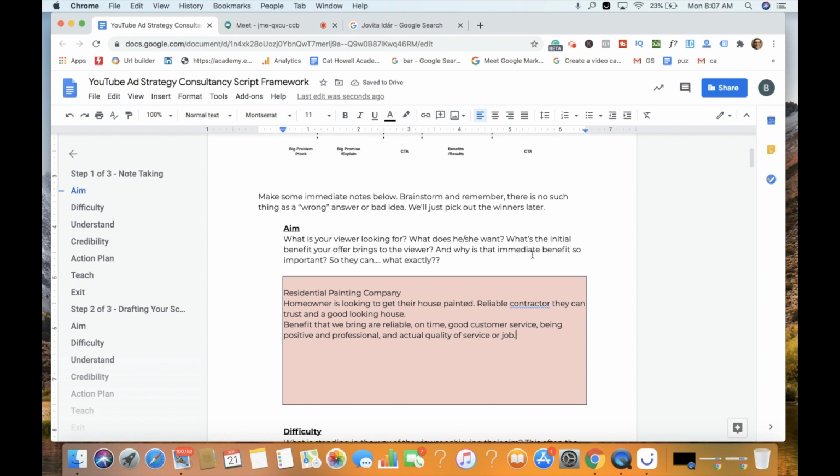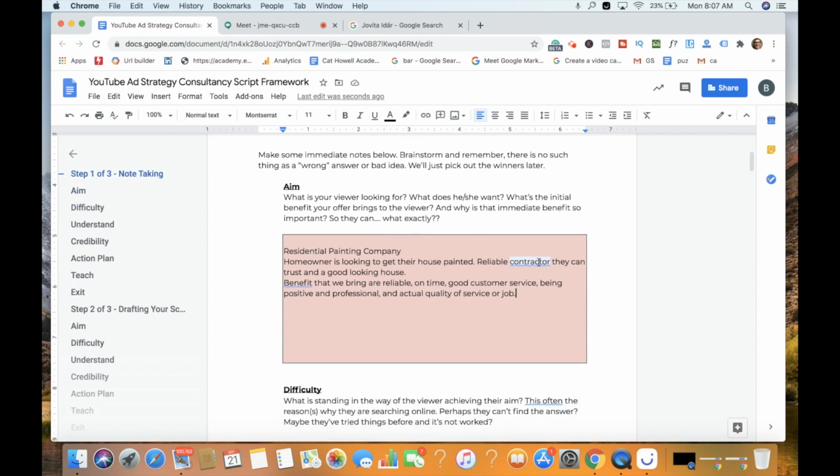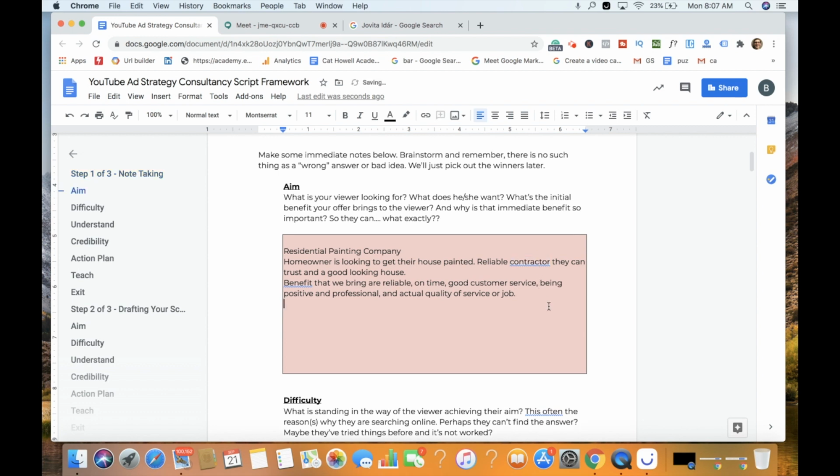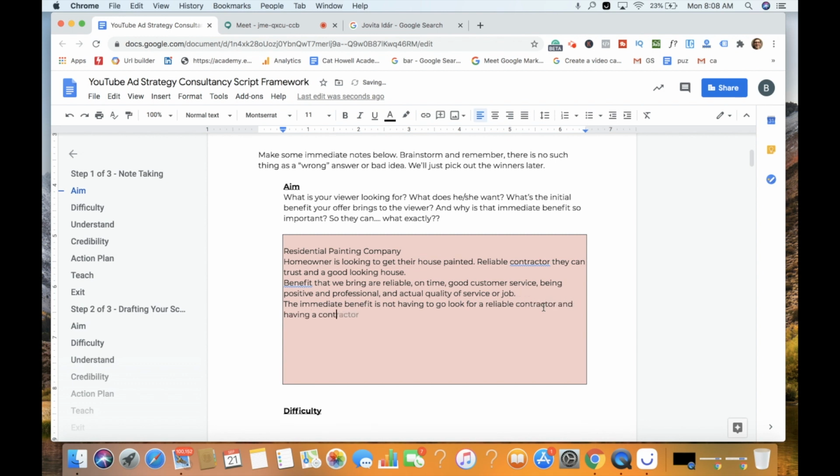Okay, and then why is that immediate benefit so important? I would just say the immediate benefit is not having to worry about finding a reliable contractor, or having a contractor that schedules but never shows up, so they can make sure they have a good looking house.